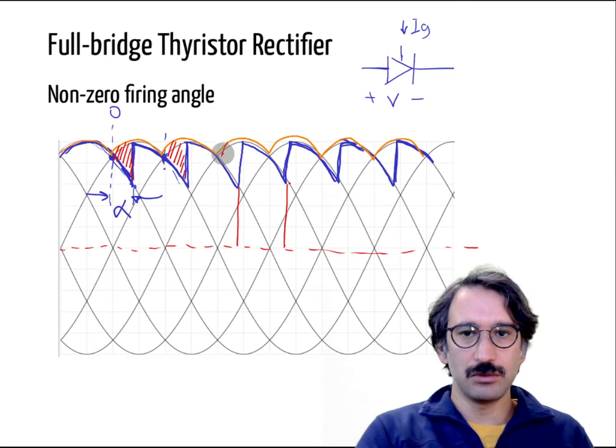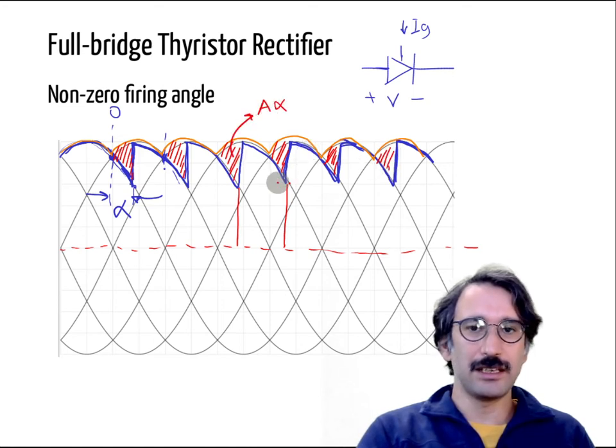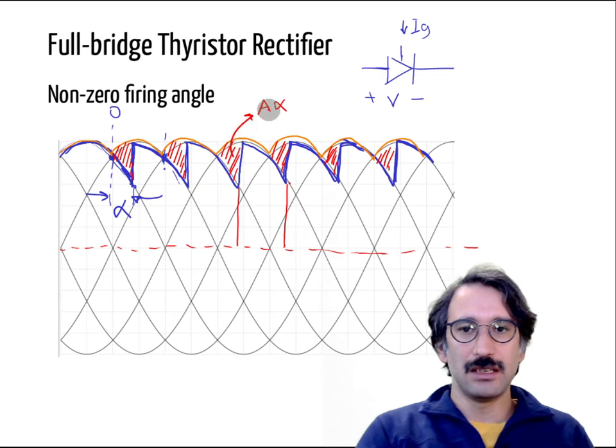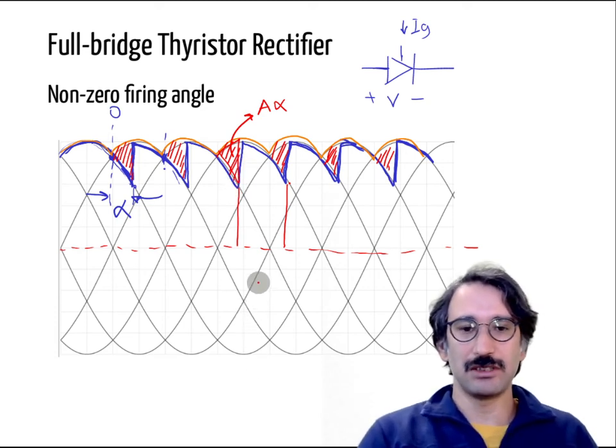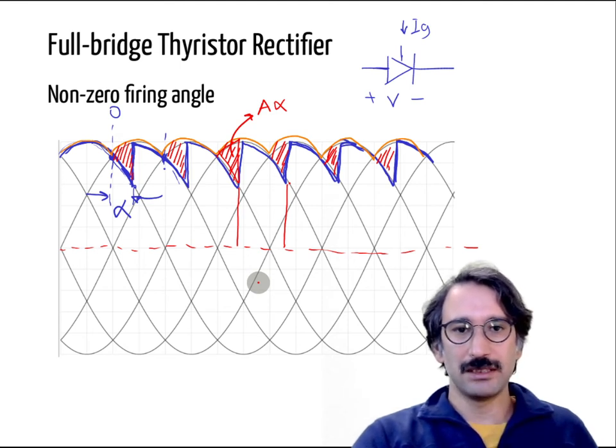Like in commutation, I just lose some area, and I can call that area, let's say, A alpha. This is the voltage-seconds area lost due to commutation, and if I subtract that area from the previous diode converter case, I can find the average voltage. Technically both methods are the same, but the second method I just mentioned is easier.